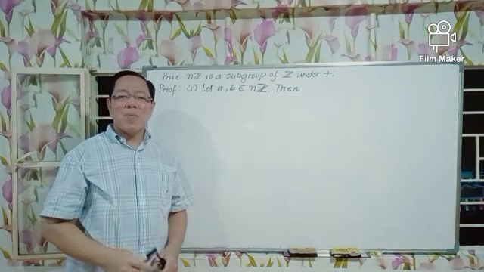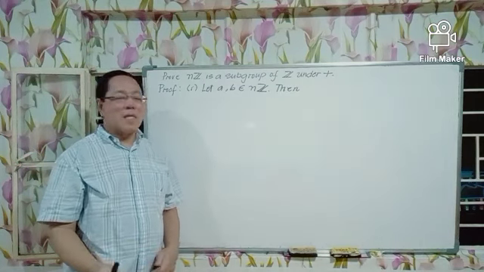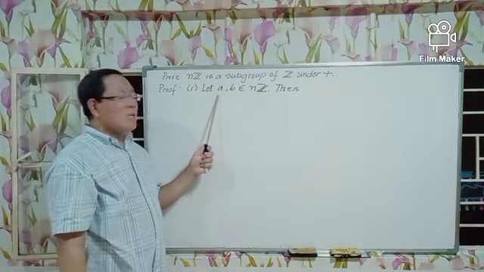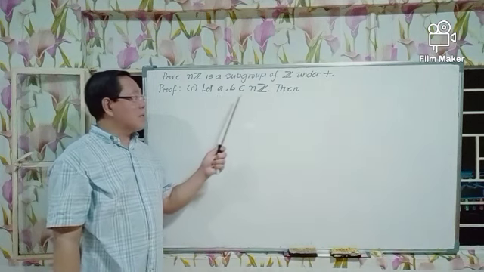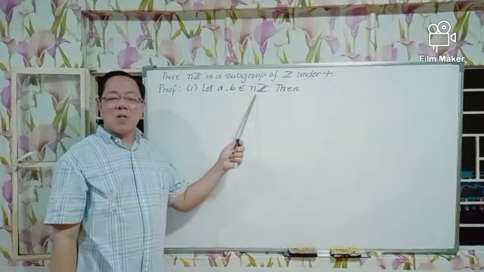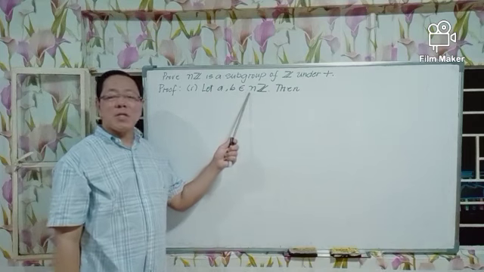We let a and b be any two arbitrary elements of the set nZ, and we use the fact that the elements of nZ are multiples of the integer n.